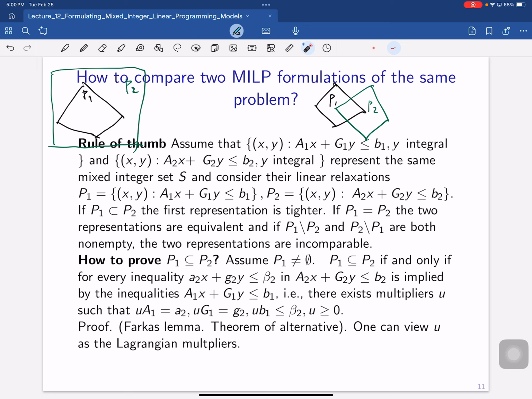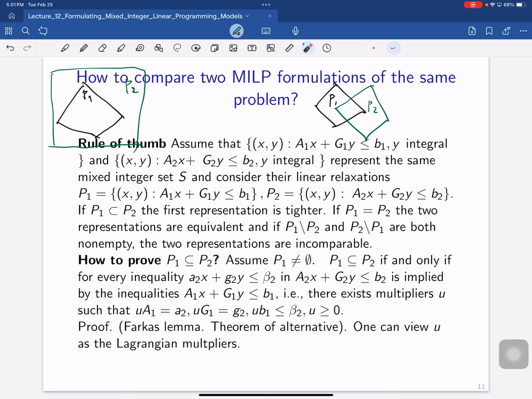So this is implied if and only if there exists a multiplier u, such that you multiply A by u. Should there be a transpose? If you consider them as column vectors, you aggregate all the constraints in A and aggregate the constraints in G, so maybe you could even write a transpose here.